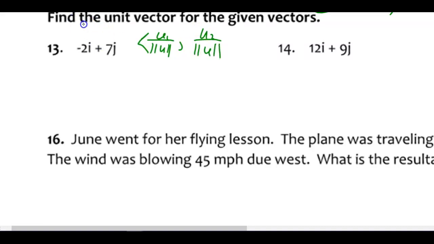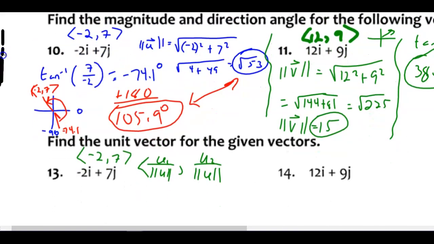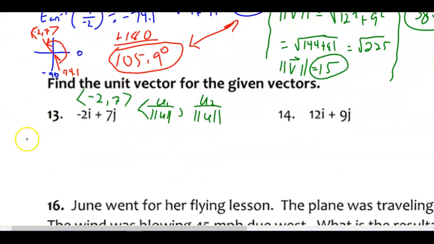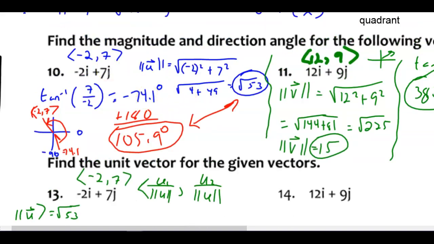So the first thing we need to do with these points right here is find the magnitude, which we already did, right? We said that was square root of 53. This is the same problem. So the magnitude of u in this case is square root of 53. We found it. If you don't know how we found it, look up here how I did that problem.